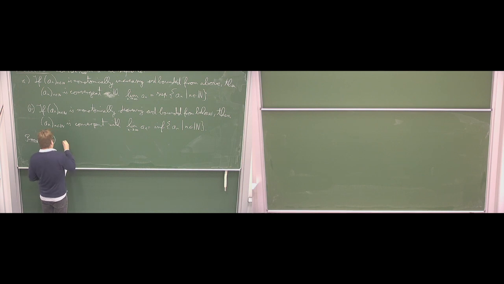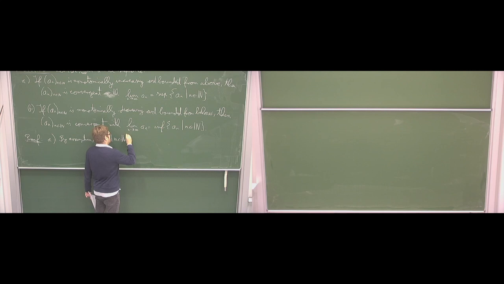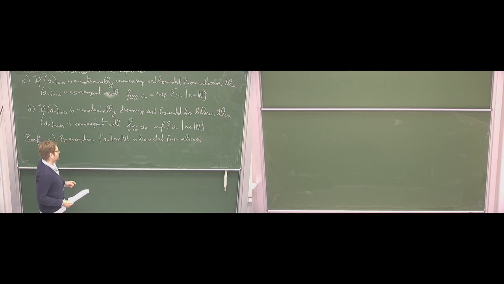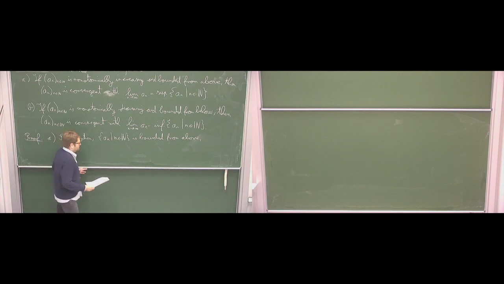Okay, so first of all, we know by assumption the sequence is bounded from above, which means that the set of all a_n, where n in N, is bounded from above. This follows just from the definition. And we've seen that's the way we defined the real numbers, that every subset bounded from above possesses a supremum in the real numbers.